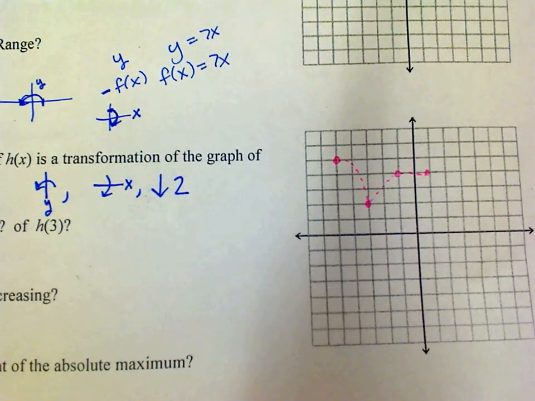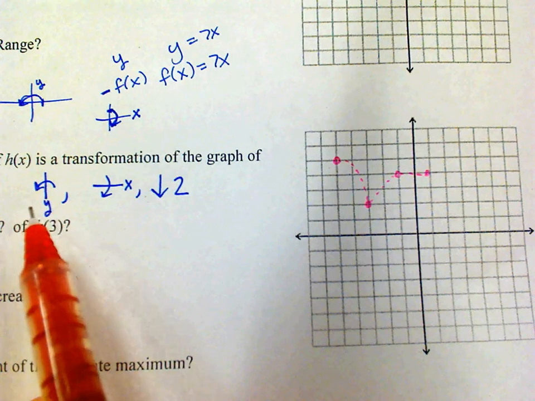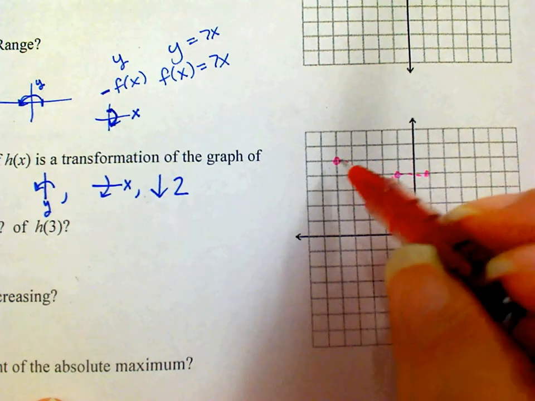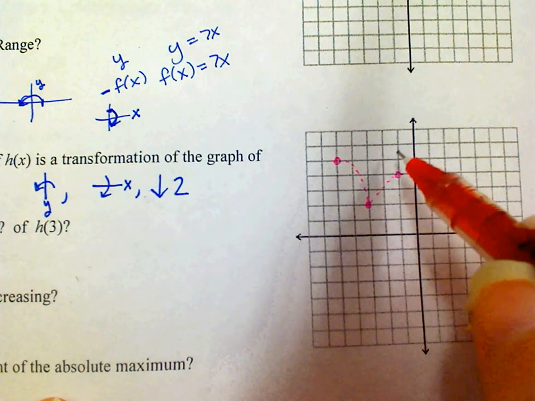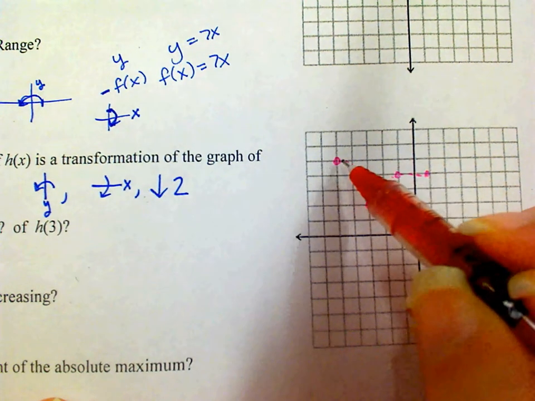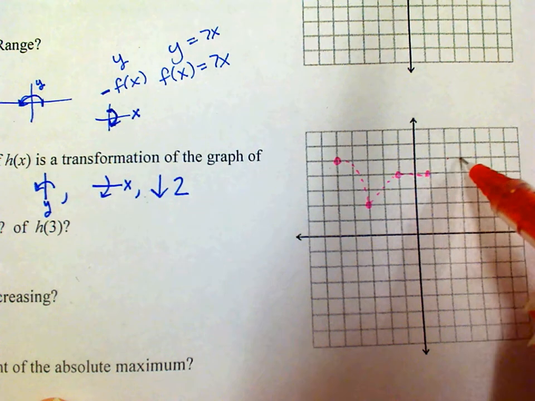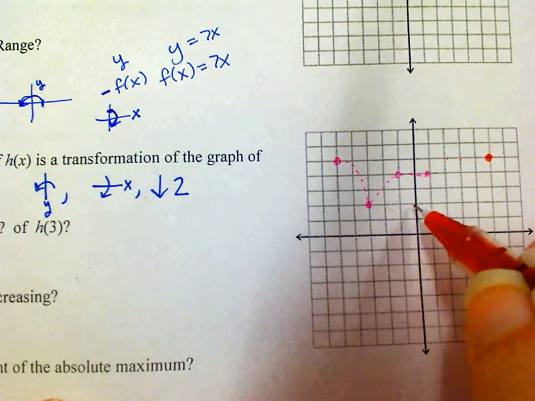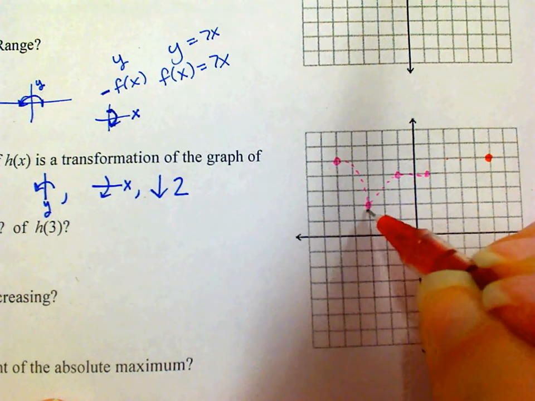So the first thing I'm going to do is reflect over the y-axis. Well, this part right here is a little bit weird, but I'll start with this one. On this one, I'm going to the left 5, which means now I'm going to go to the right 5. 1, 2, 3, 4, 5. Okay. This is to the left 3, so now I'm going to go to the right 3. 1, 2, 3.